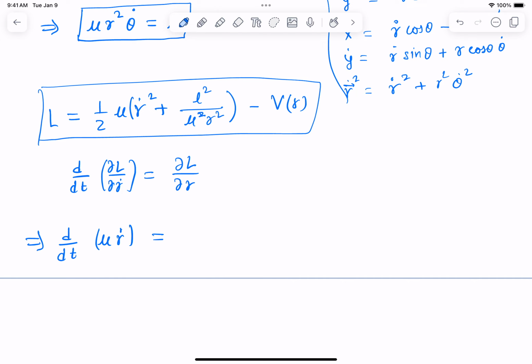Now for del L by del r, we have two terms that depend on r: one is the term L squared by mu squared r squared, and the other is V of r.